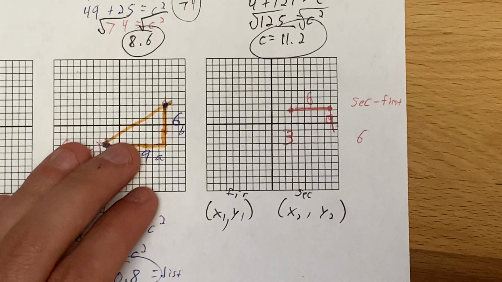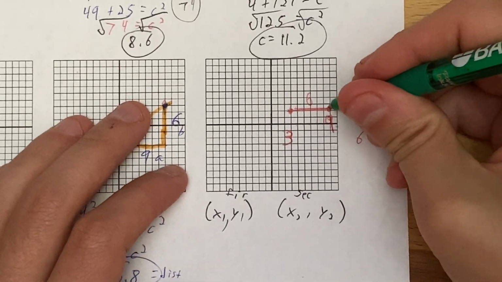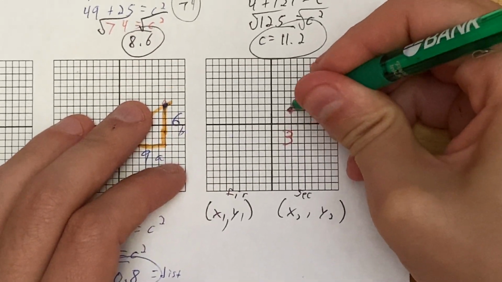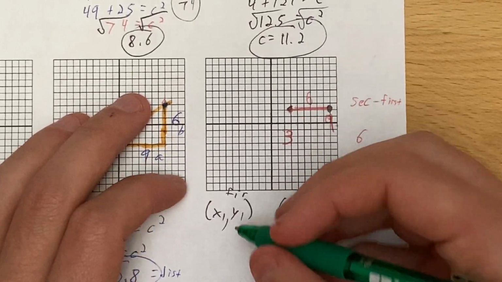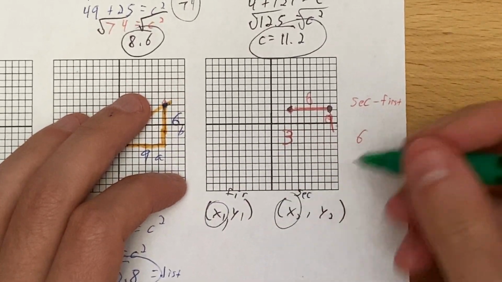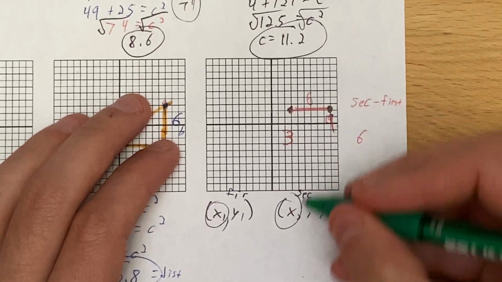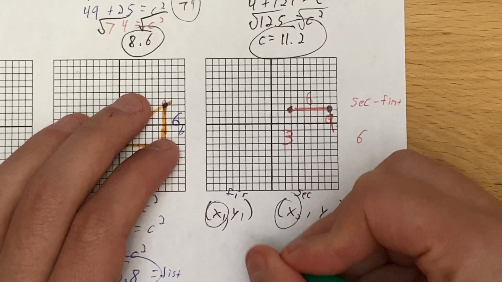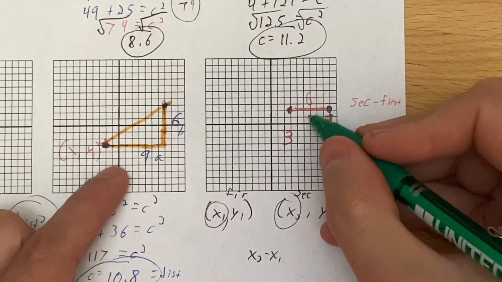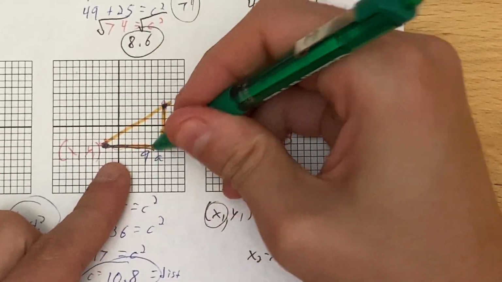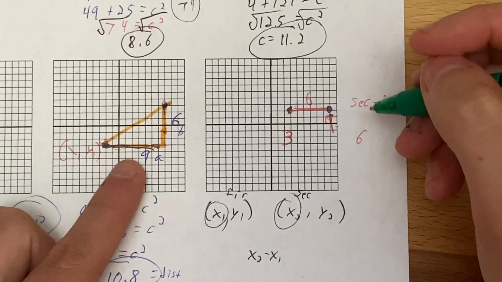Zoom out a little. So this right here is the second one, and this right here is the first one. So if I wanted to find the difference on the x-axis, the second one minus the first one, that would be x2 minus x1. That is this distance in this sample problem.